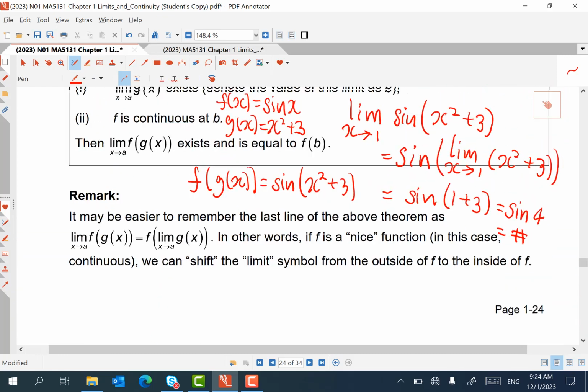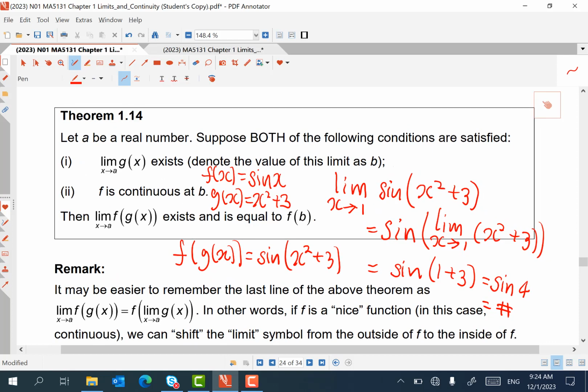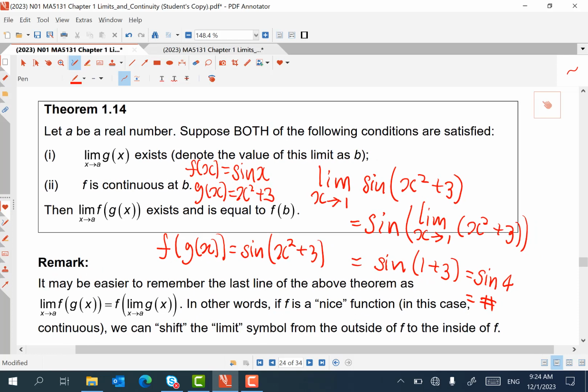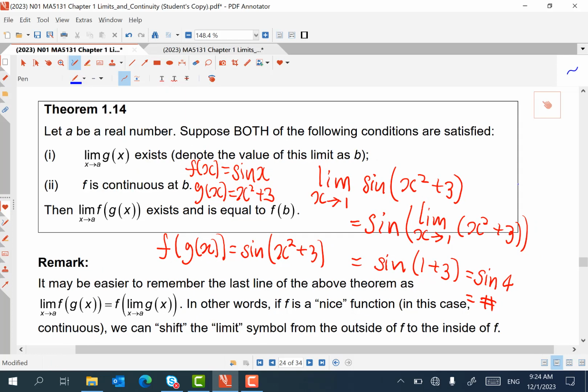Okay, in any case, class, this is a very important result that you don't forget. Basically, it means, class, you can bring in the limits. You know what I mean? Bringing the limits into the function is not always true, but we are telling you that this will be true.